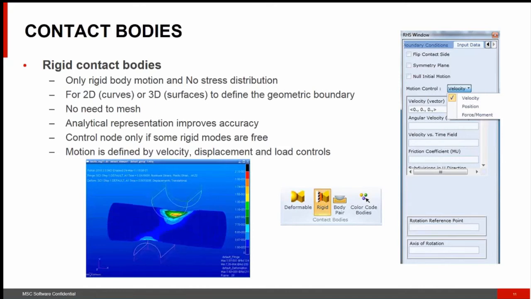These nodes are called the control nodes. One defines the rotation that was applied, and one defines the translation. As I mentioned, there is no need to mesh these rigid bodies, so this makes it much simpler as well. You can simply import the geometry, or you can create it.